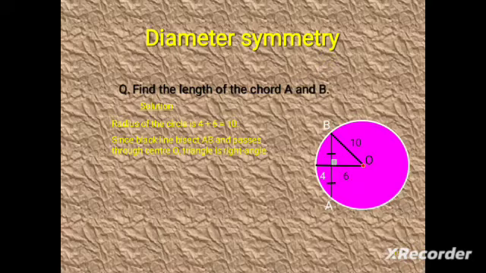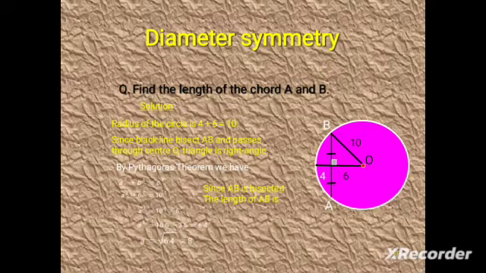So by using Pythagoras theorem, a squared plus b squared is equal to c squared. Then we substitute into the formula, and we are left with the value of a, which is the square root of 64, giving us 8 units.